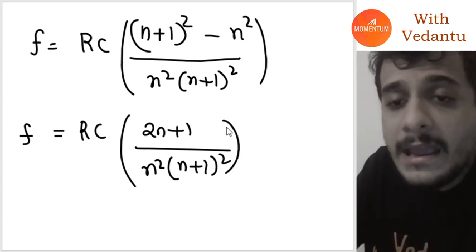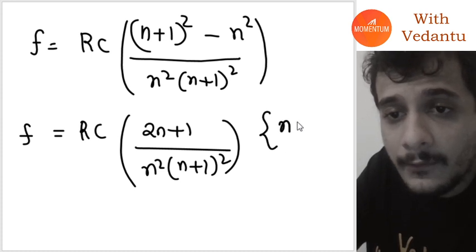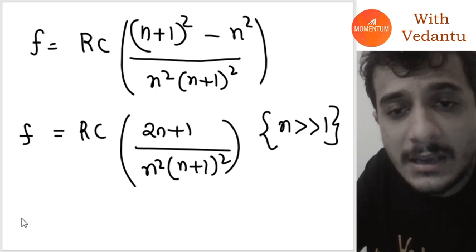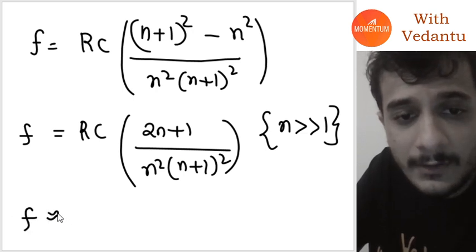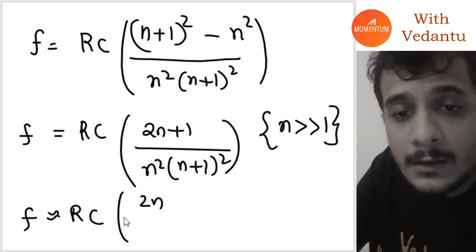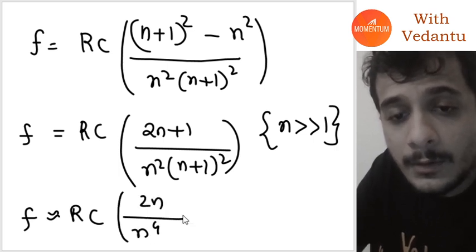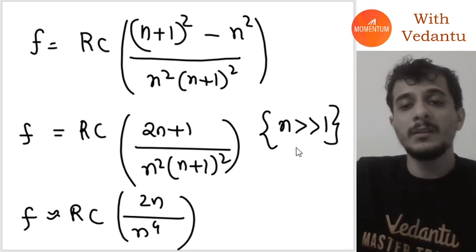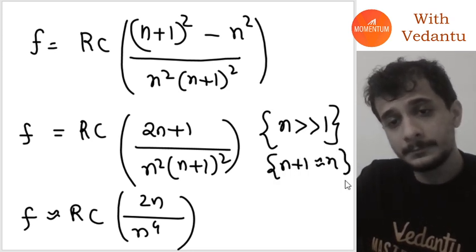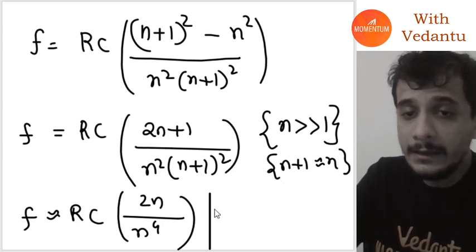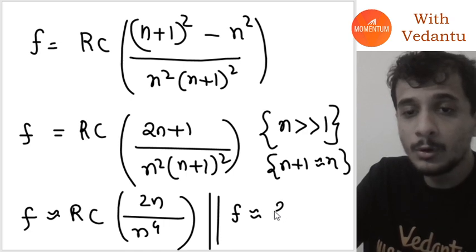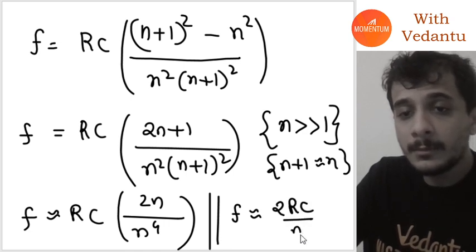Now if I have n much greater than 1, then F will approximately become RC into 2n divided by n raised to the power 4, because in that case n plus 1 can be approximated to n. So I get F approximately equal to 2RC divided by n cube.